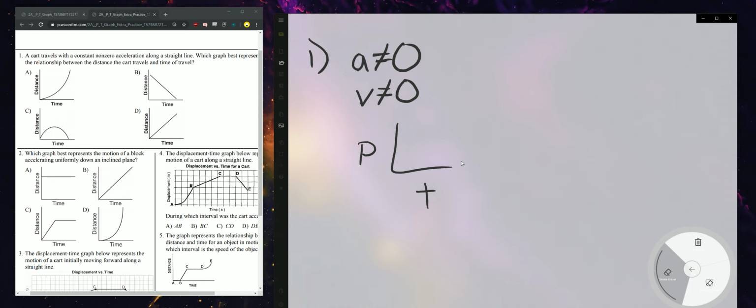It's going to be either A or C. So B and D are not choices because B and D represent constant velocities. If they're constant, there is no acceleration.